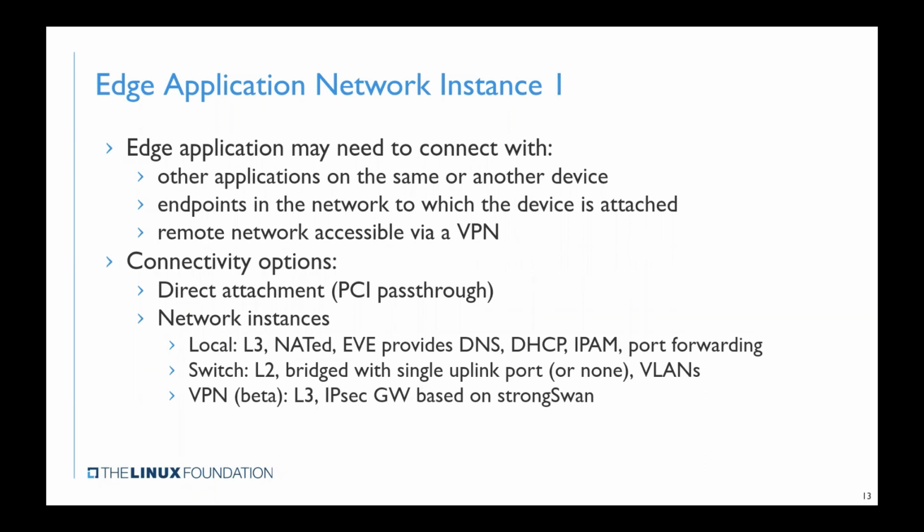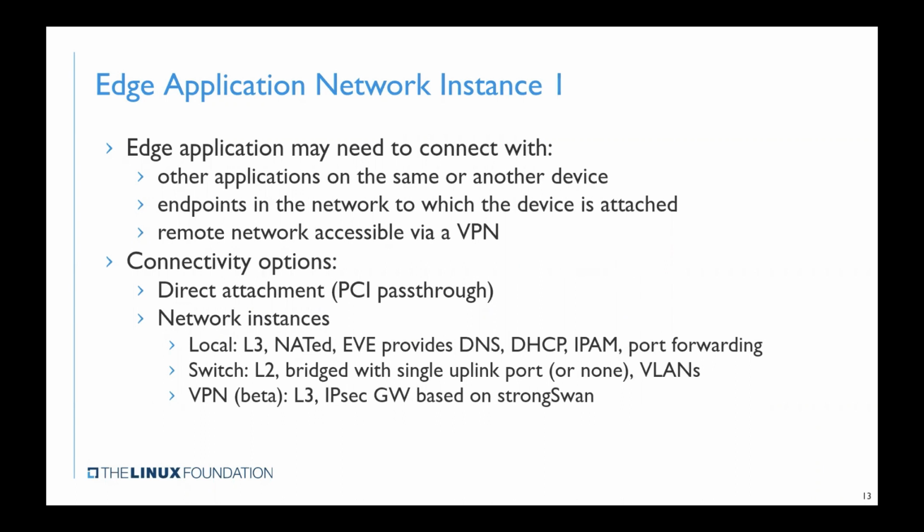And then there is another type, VPN. It's still in beta, not used very often. It is similar to local. It's also L3 with its own IP addressing and all the services. However, instead of a NAT, there is an IPsec gateway. It's provided on the IKE side. It's handled by StrongSwan. StrongSwan is an IKE daemon, and it obtains some IPsec configuration.